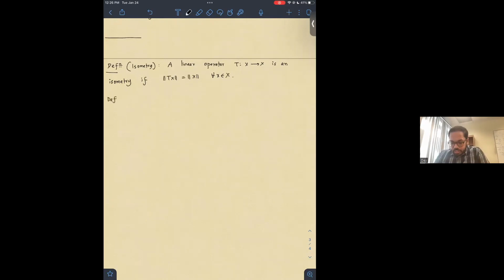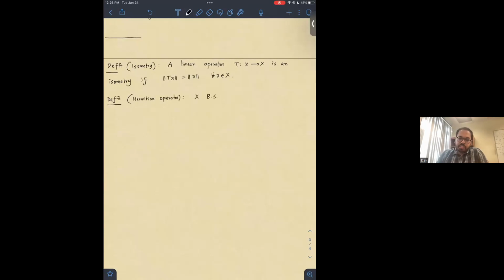So, the definition of Hermitian operators. As I told you before, this definition is based on the structure of isometries on Banach spaces. So let's say X is a Banach space.